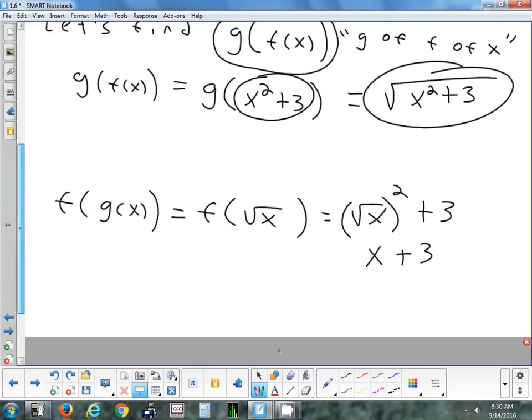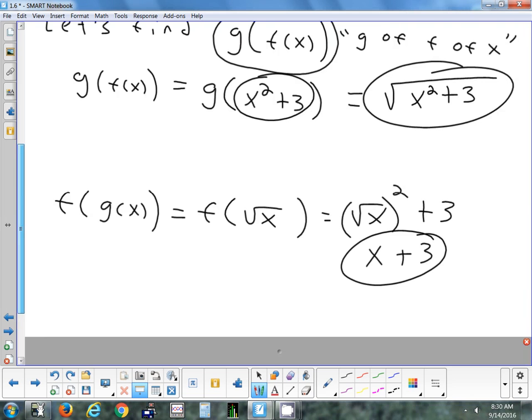But we have to be careful here when we talk about domain and range, because if you look at this final answer, you might think, oh, you can take any number you want and add 3 to it. But if we remember what this came from, there was a restriction originally. When we squared it, that restriction kind of disappeared, right? Because it canceled out. But that doesn't mean it went away when we talk about the domain. So that's something we have to be careful about.